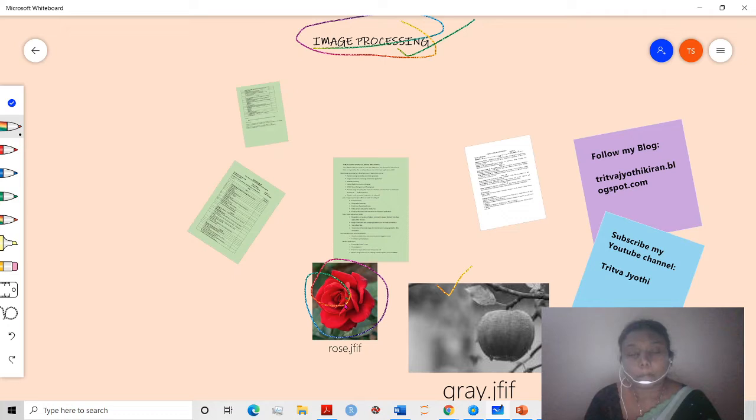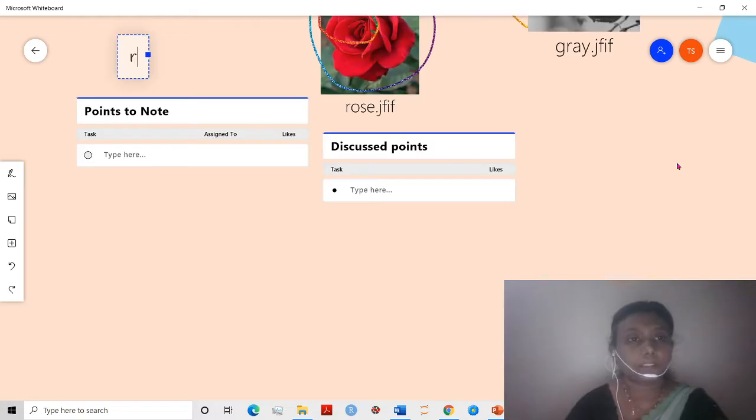By implementing those mathematical models and algorithms with application software coding, only then do we get these types of image processing very easily.